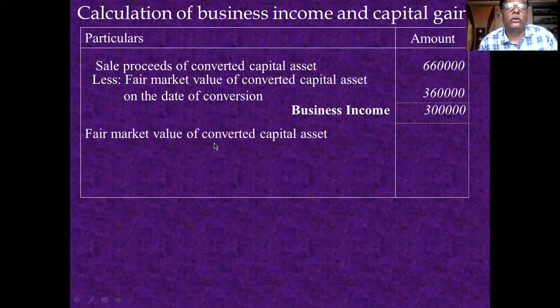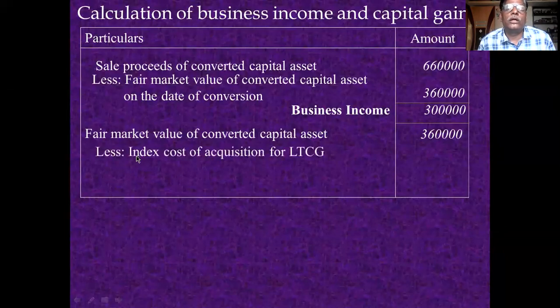Fair market value of the converted capital asset is 3,60,000. It is the converted date value. Out of this, you deduct the cost of acquisition if it is short term. If it is long term, you deduct the index cost. You have to apply the index. So cost is 1 lakh rupees.